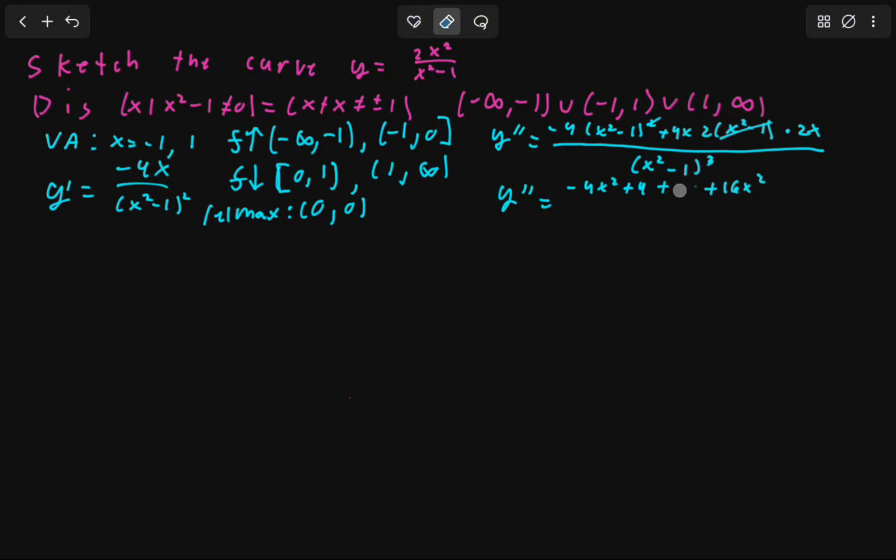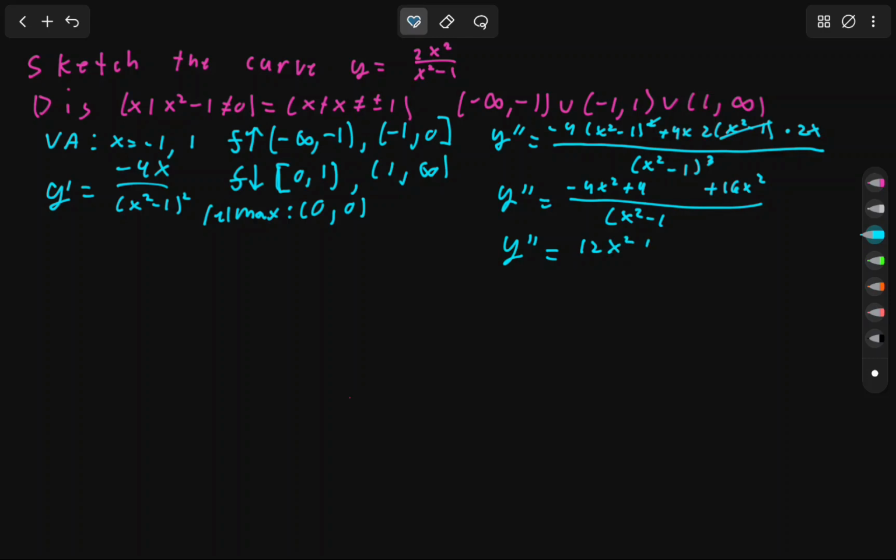Accidentally accounted for this 4x twice. All over x squared minus 1. So now y double prime, not y squared, I'm kind of tired here, is equal to 12x squared plus 4 divided by x squared minus 1 cubed.